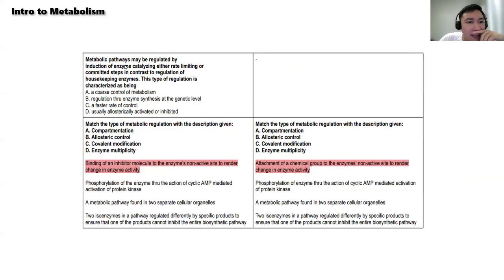Metabolic pathways can be regulated by the induction of enzyme catalyzing either rate-limiting or committed steps in contrast to regulation of housekeeping enzymes. This type of regulation is characterized as being so. Tingnan nyo itong options A, C, and D. A and C muna. Coarse control and faster rate are the same thing. Alam mo yung pag sa microscope, di ba yung coarse adjustment knob?